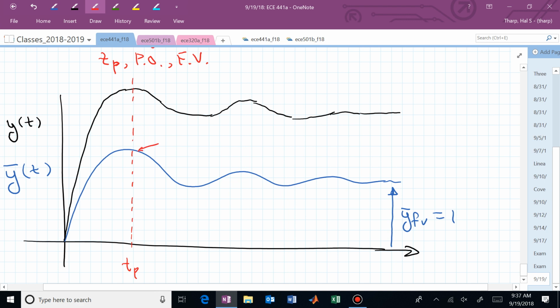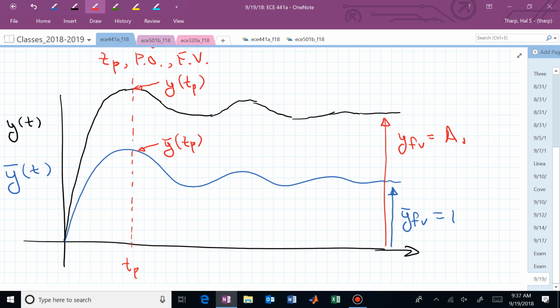We could now say, okay, here's y bar at the time to peak, and here is y at time to peak. And this final value, in the lab, I think we've called that a sub 1. That's where we finally get to when you kick the system and it finally settles.